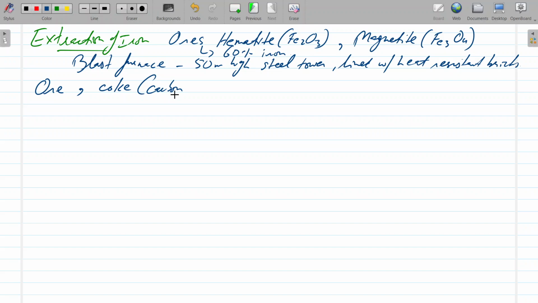And the coke is made by heating coal. And you've got limestone, which is calcium carbonate.